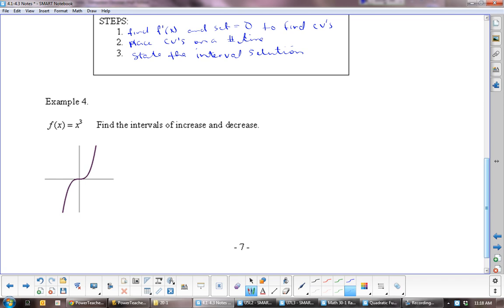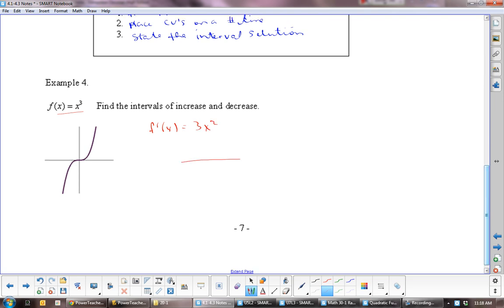I've already kind of drawn this one a couple times for you, but this is the equation, and this is what it would look like. So f prime of x would equal 3x squared. So my CV would equal 0, which you can see on the graph.